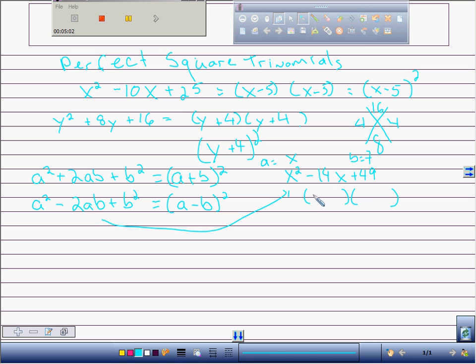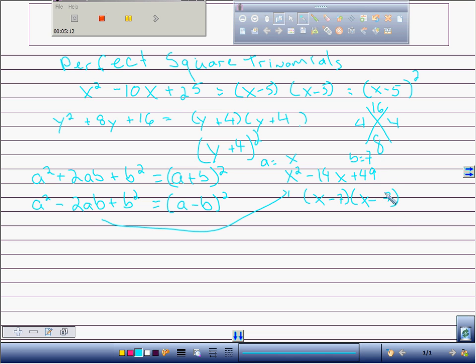So how does this factor? x times what? What goes over here? 7, is it plus or minus? Minus. Because this would be minus 2ab, which is minus 2 times 7 times x, which gives you negative 14x.